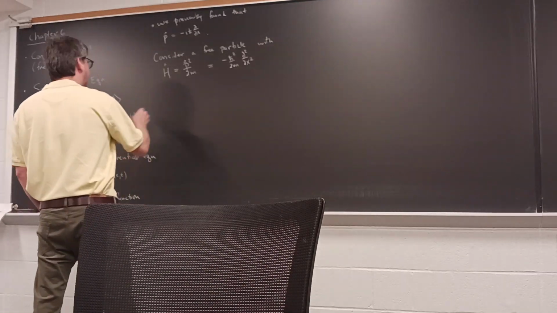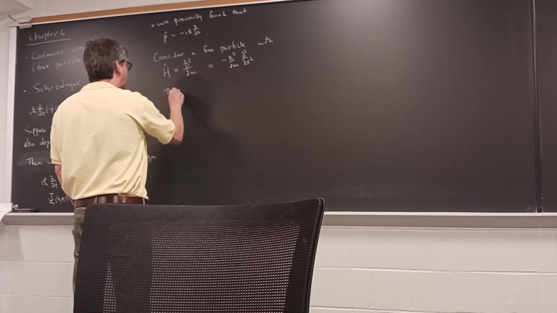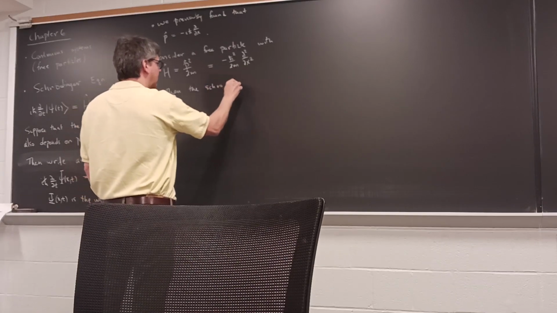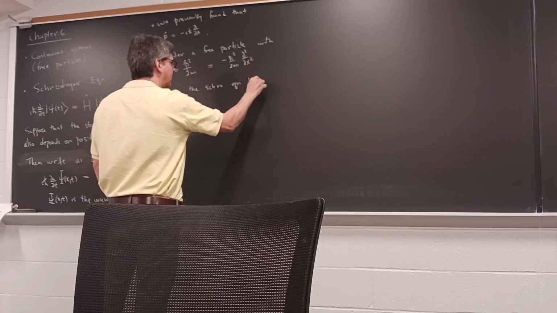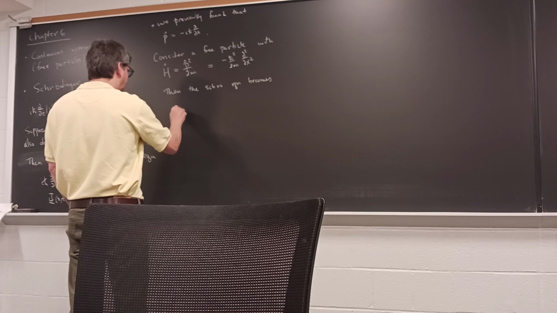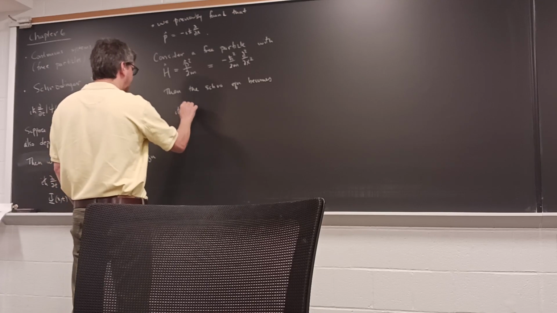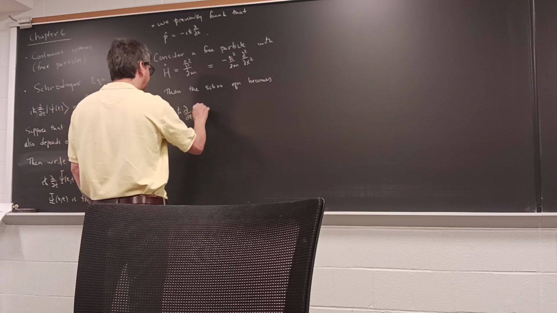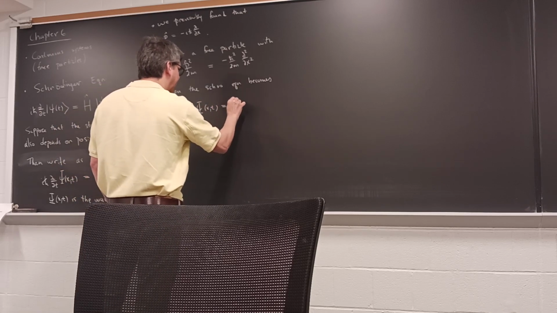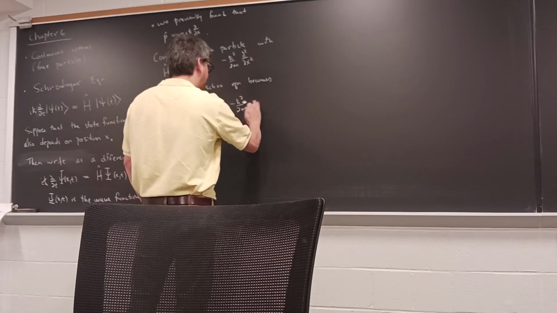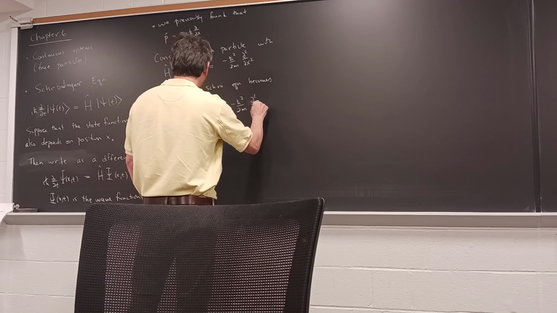Then the Schrödinger equation becomes i h bar d by dt of psi of x and t is equal to minus h bar squared over 2m times the second partial derivative with respect to x.